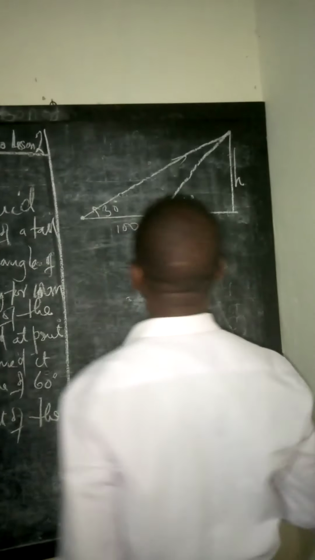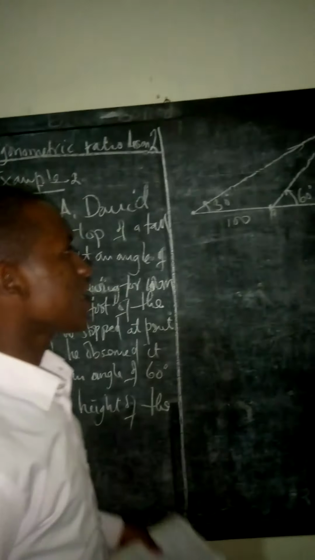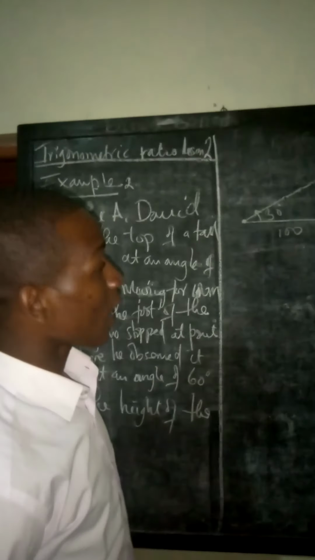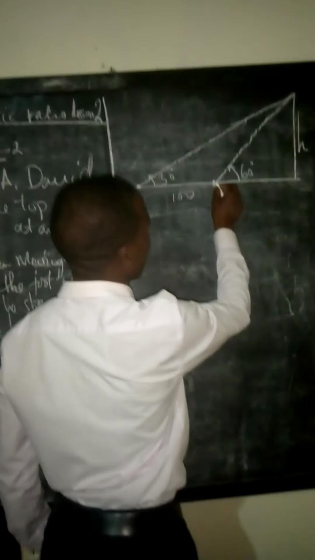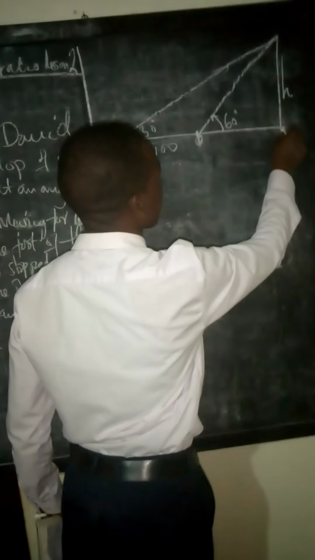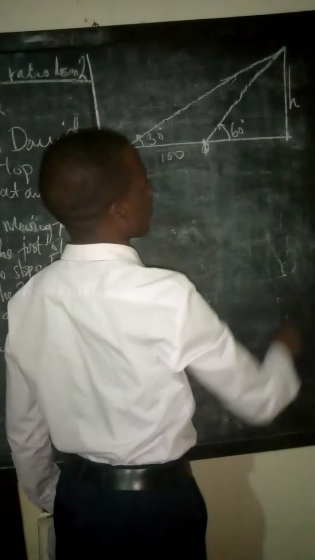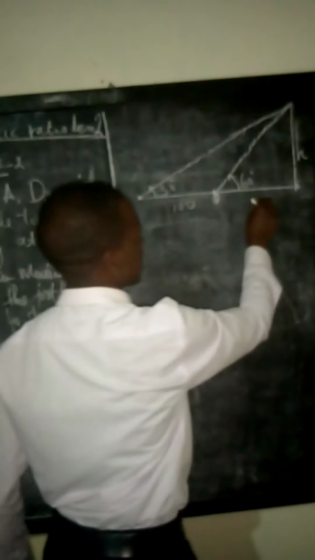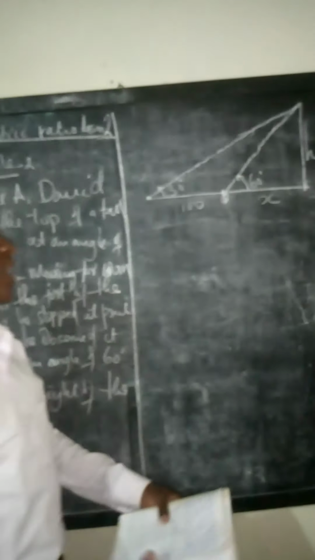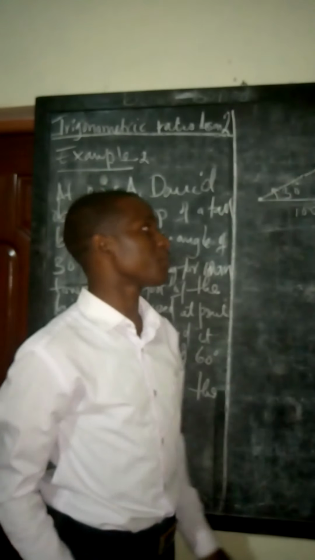Now, using the trigonometric ratio, using the elevation and the depression, we can find the value of h. I want us to call the distance from point Q to the foot of the building x.